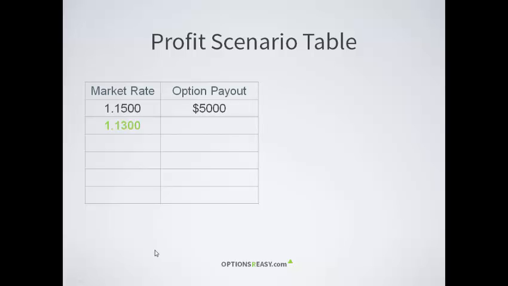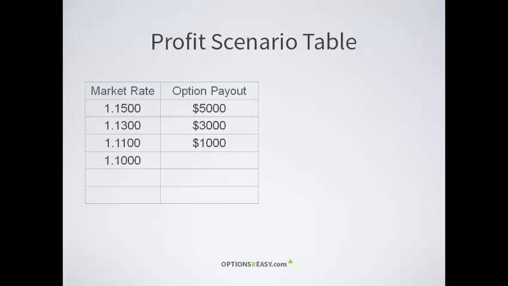Well, we're still at an advantage because we're 300 pips better than the market rate. And so to calculate how much this is in terms of payout, in terms of actual money, we take 300 pips and we multiply that by 100,000, which is $3,000. And for the rate of 1.11, it's very similar. We're now 100 pips better than market, so the payout is $1,000.